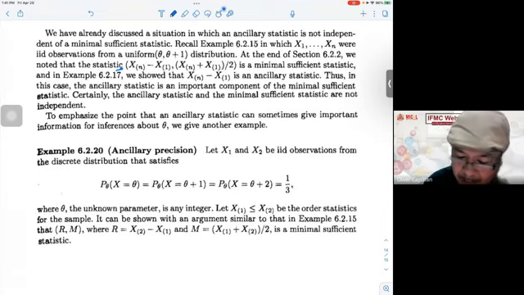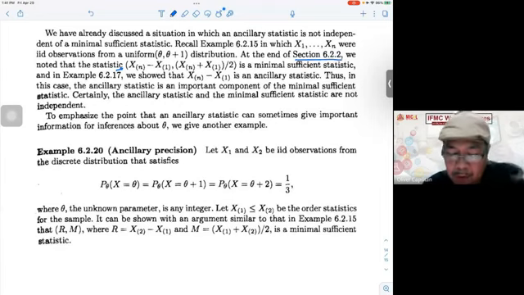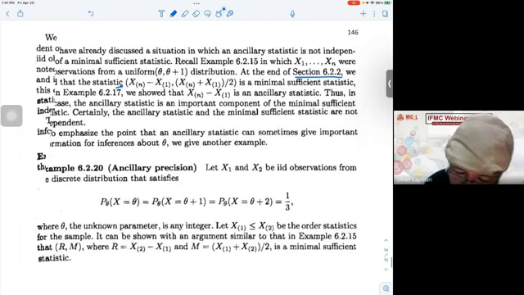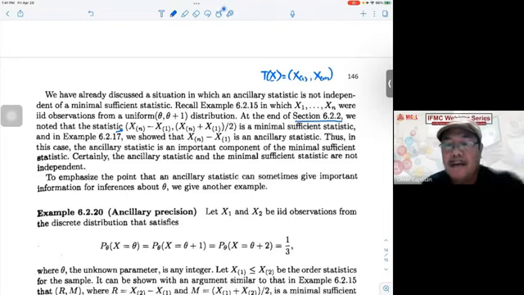Take note, at the end of 6.2.2, before having this remark, we have actually shown that for this given example, the statistic consisting of the minimum order stat and the maximum order stat is a minimal sufficient statistic.